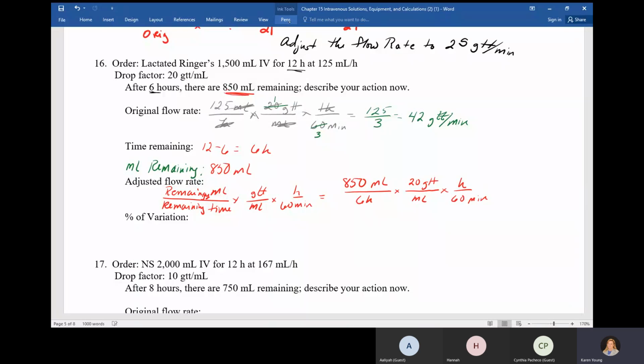And I want to do my canceling. My milliliters cancel. My hours cancel. 20 goes into 20 once, 20 goes into 60 three times.